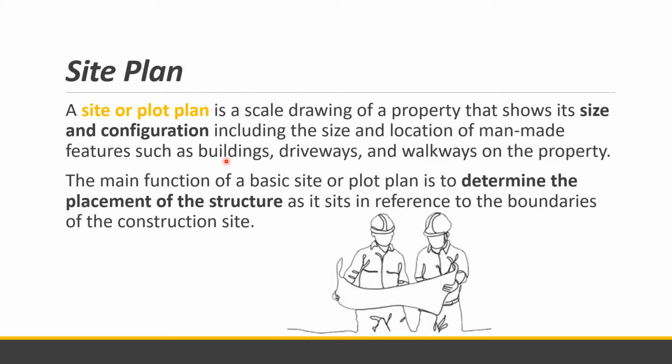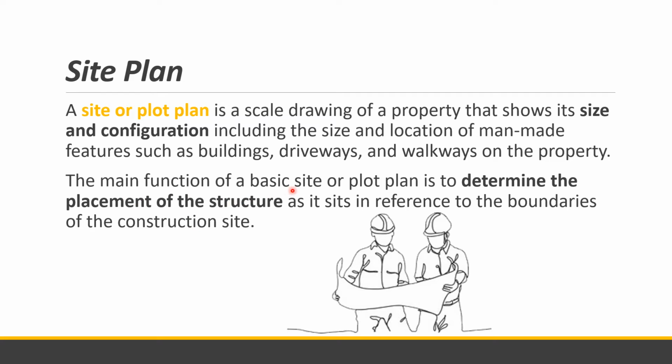It shows the configuration of the property, the lot, and its size. What is on the left side, is it an adjacent lot, a road, or existing buildings? Those man-made features are what you see on the site plan.